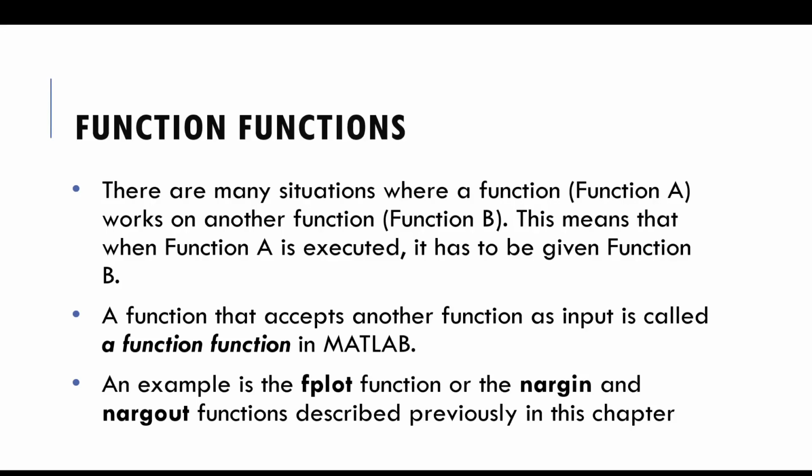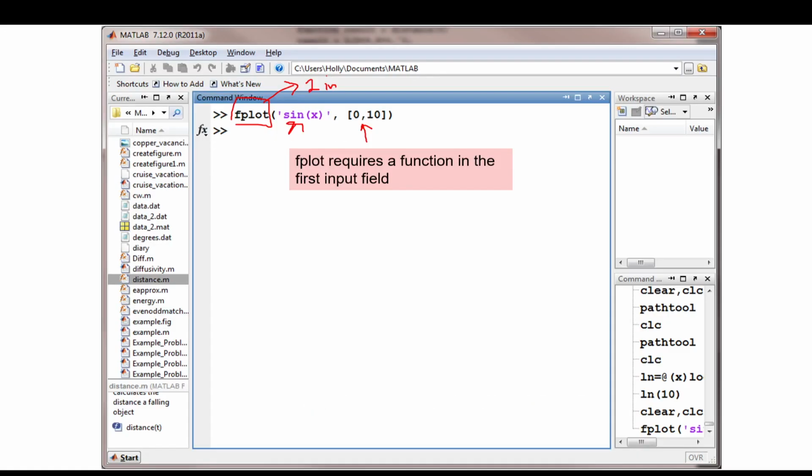One example of a MATLAB built-in function is the function plot, fplot, or the knock-in and knock-out functions described previously in this chapter. I'm going to demonstrate with fplot. It requires two variables for the inputs.